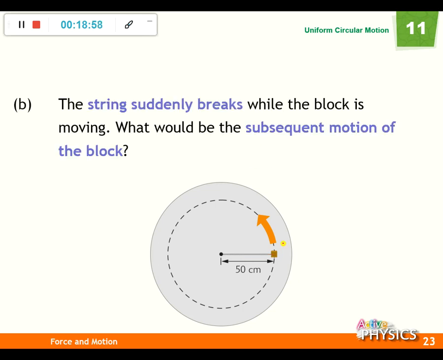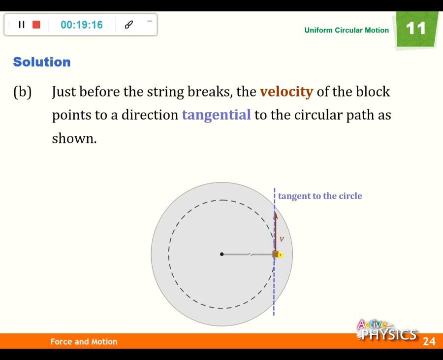Part B, the string suddenly breaks while the block is moving. Then what will happen? Originally, we have the centripetal force to make this block move in a circle. But suddenly, if this tension disappears, then what will happen? Inertia keeps it moving. Just before the string breaks, the block has velocity in the tangential direction.